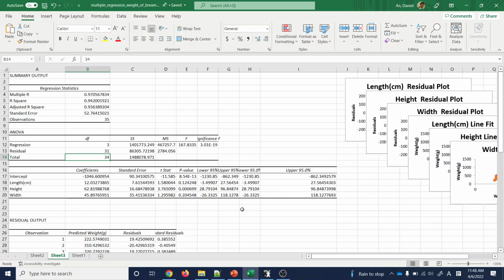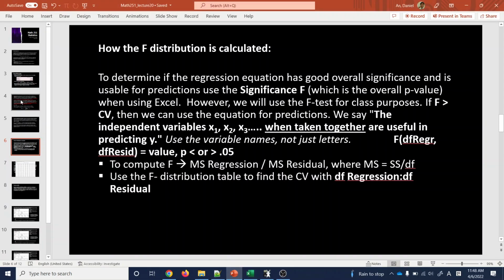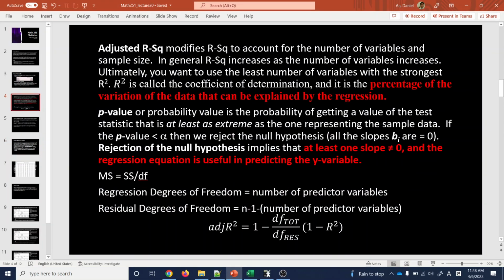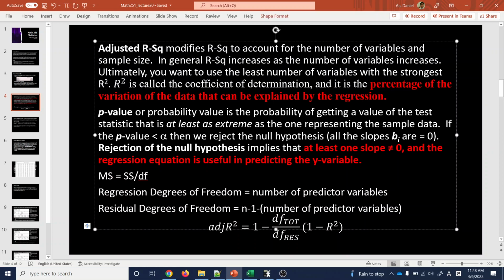All right, so let me go to the slides and make the remark here. Regression degrees of freedom is the number of predictor variables, which we are going to state as degrees of freedom of the regression.